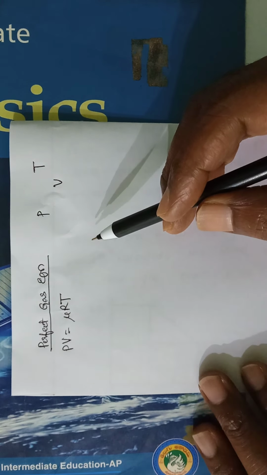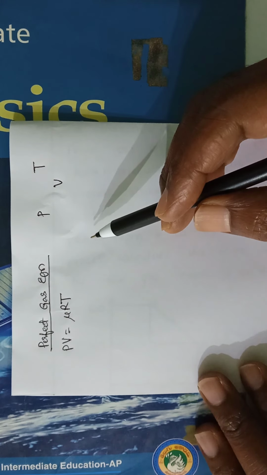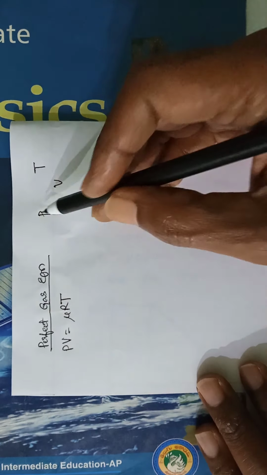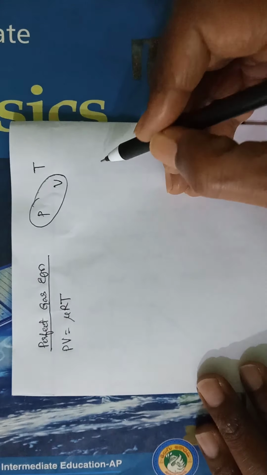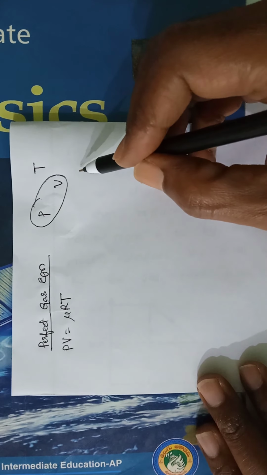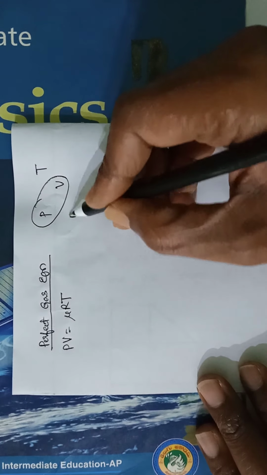Previously we considered Boyle's law, which deals with two variables P and V at constant temperature.